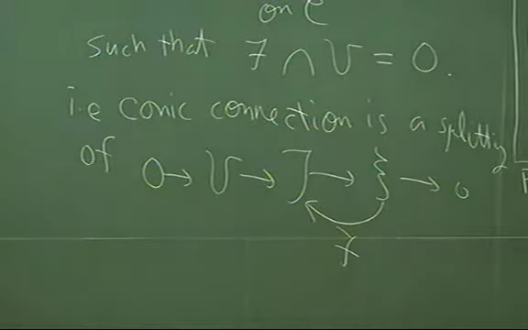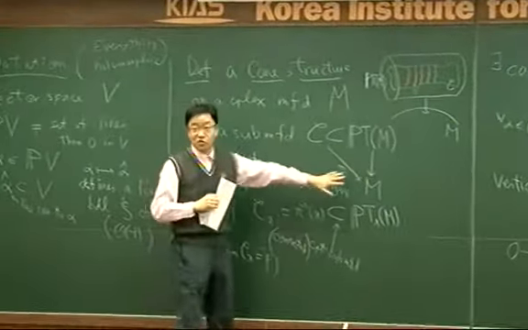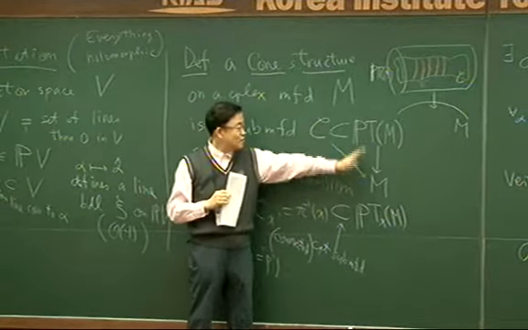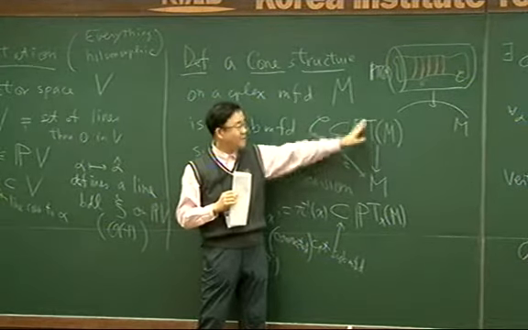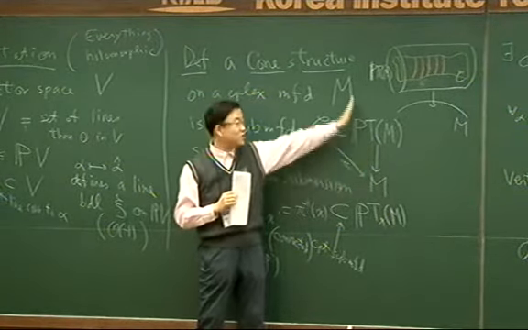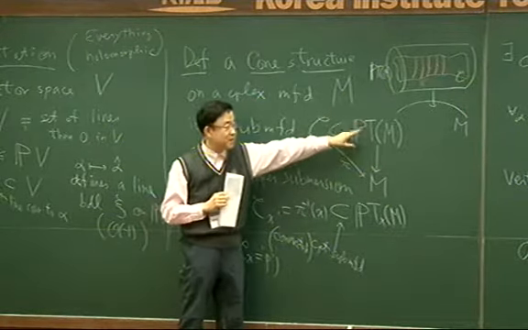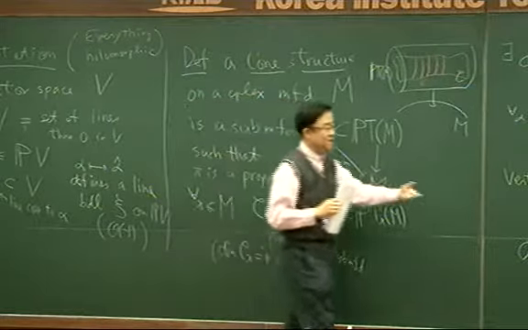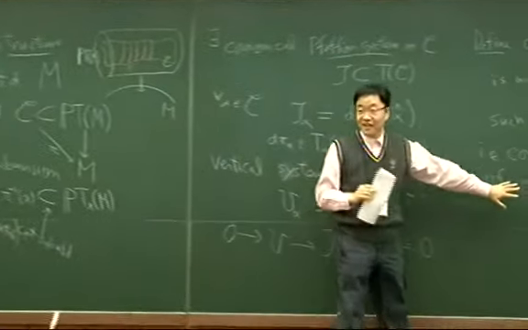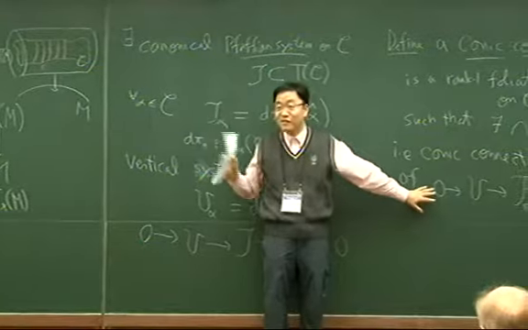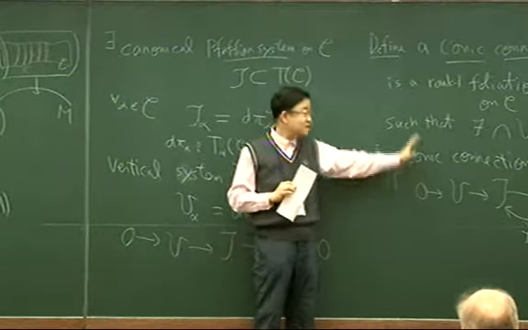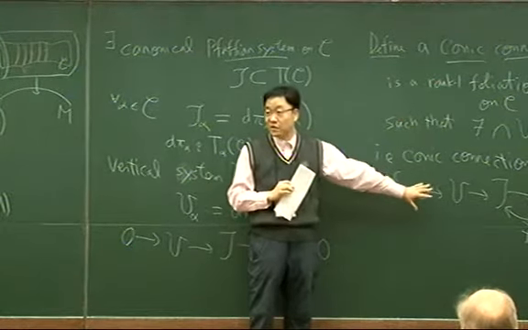So conic connection is given by this exact sequence. We are mainly interested in the local geometry of cone structures, but still we have to consider somewhat half semi-global, because along the fiber it's a compact submanifold of the projective space, and so the splitting of the exact sequence in the holomorphic category is a non-trivial condition. So the existence of conic connection is a non-trivial condition.